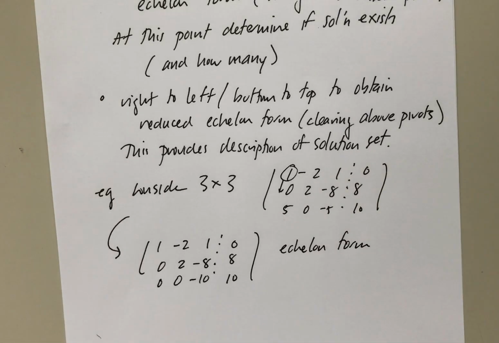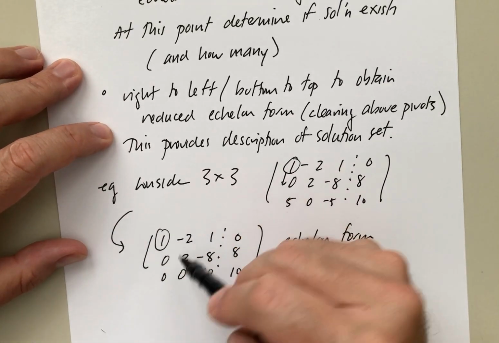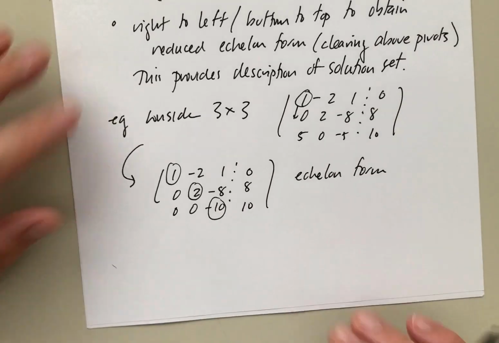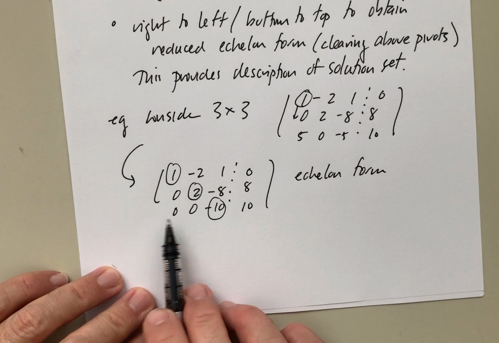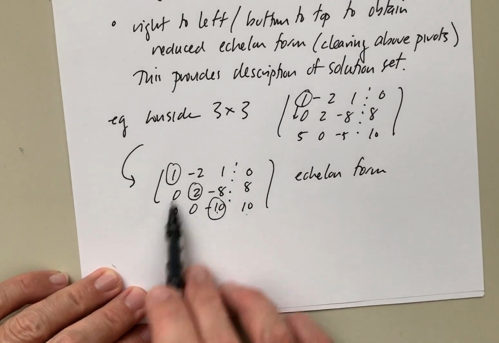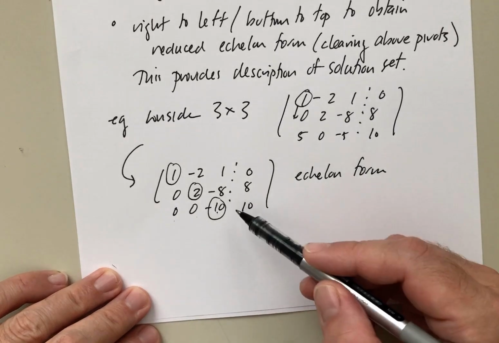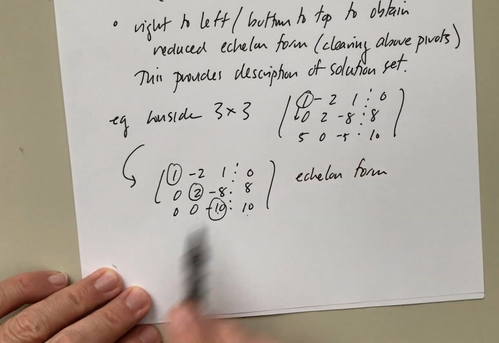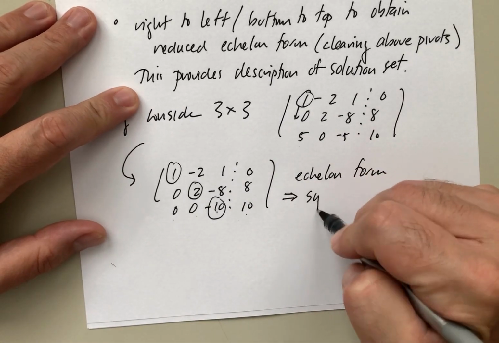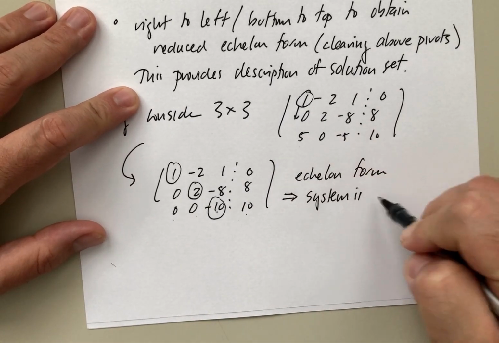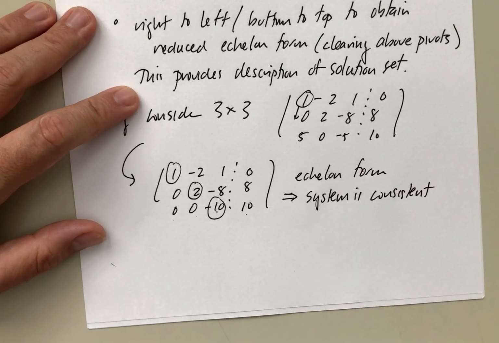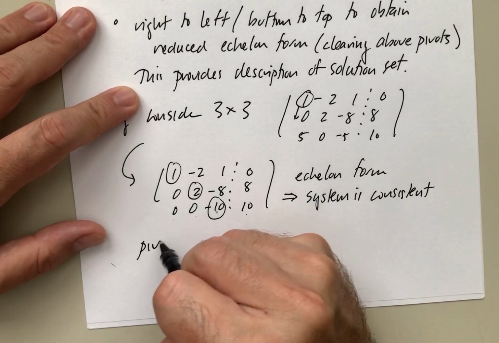Okay, so I've now identified my 3 pivots. And notice, at this point, since I never have a row of zeros with a non-zero augmented entry, in every row I have some non-zero thing to the left of the augmented part. This tells me that the system is consistent. And in fact, there's a pivot in every column.